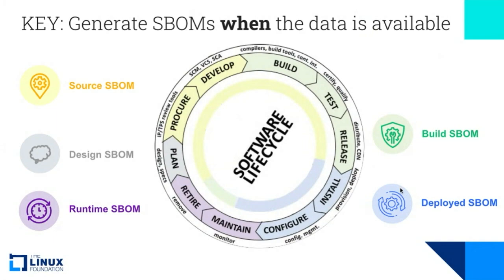And then when you've deployed it, you know exactly how you've configured it and put it out on your system. So record that and make sure you record exactly which image you actually deployed at a point in time. And then if you're wanting to look over a range of time, have things changed out from underneath you in your dynamic libraries, things like that, you might want to work with a runtime SBOM. And it's time to retire this component. I need to go plan and figure out how I'm going to replace this functionality or improve this functionality.